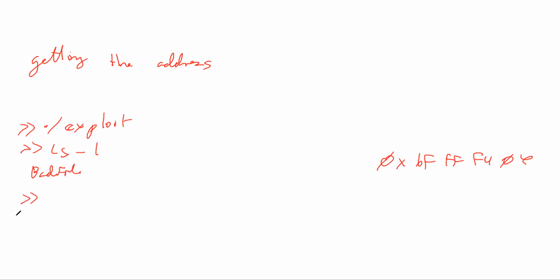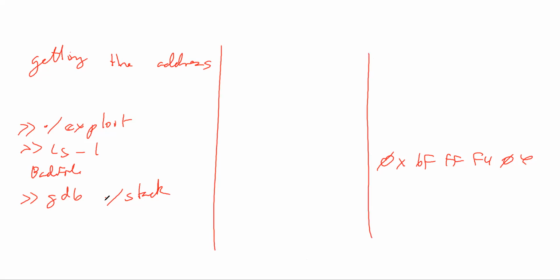Then you compile the stack program and run it with GDB. And then you're going to be in the GDB prompt. Now, just like you did in the format string lab, you can start looking at things in memory.